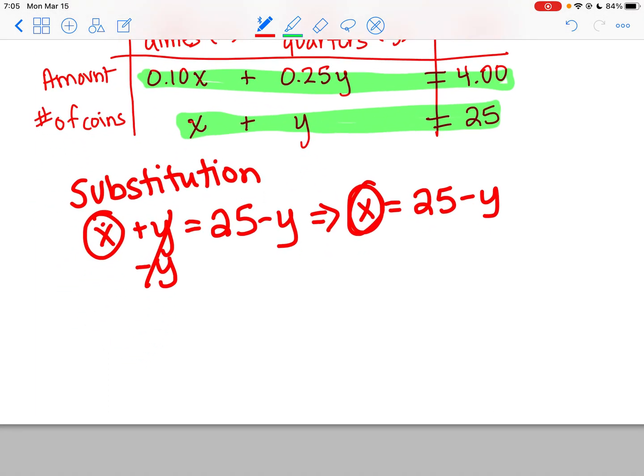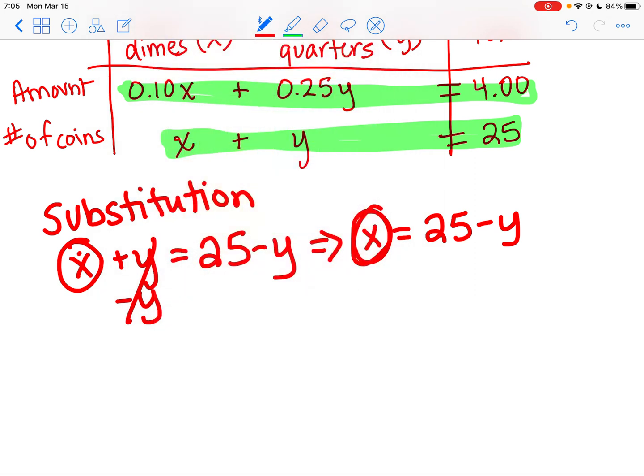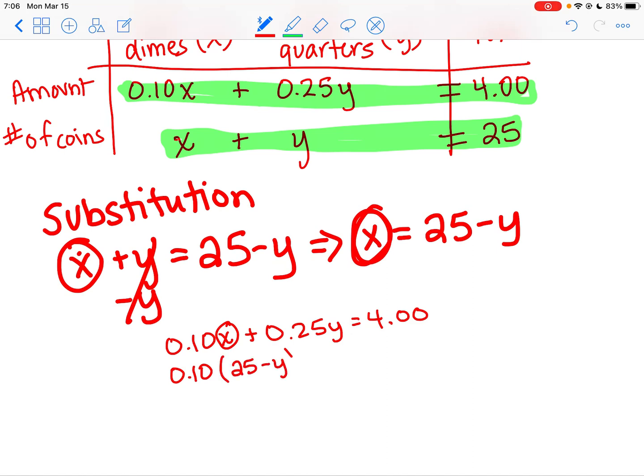In the other equation, I'm going to start off just by writing it. The other equation is 0.10 X plus 0.25 Y equals $4. For the X, I'm going to plug in this new expression, so 0.10 times 25 minus Y plus 0.25 Y equals $4.